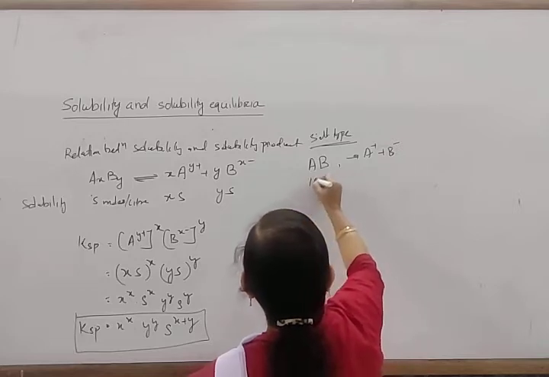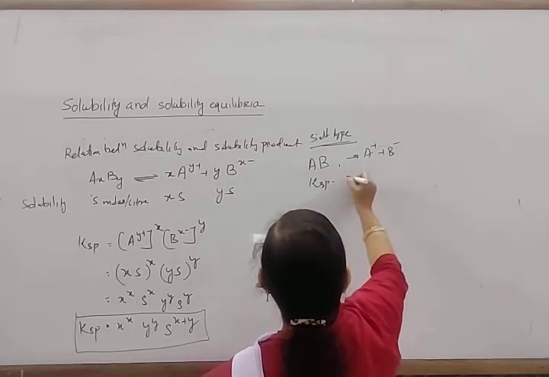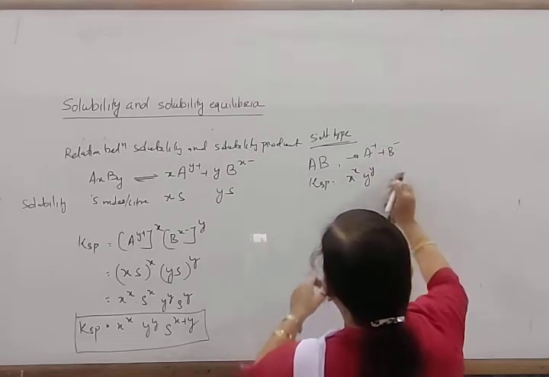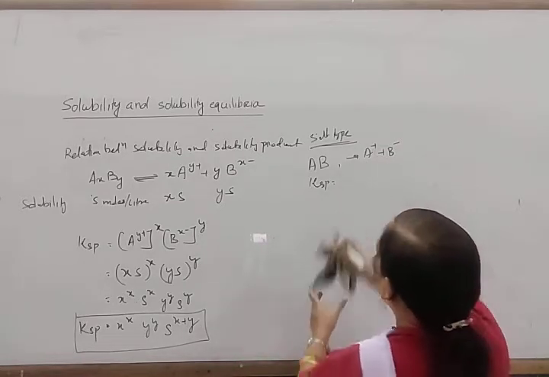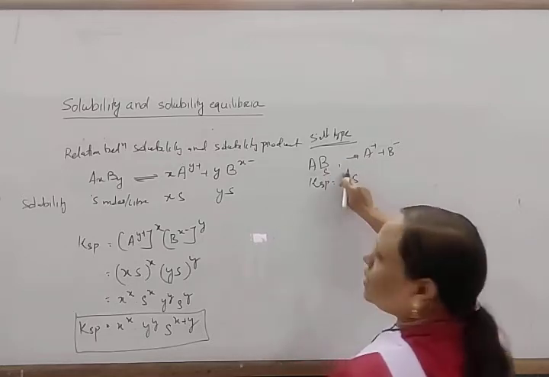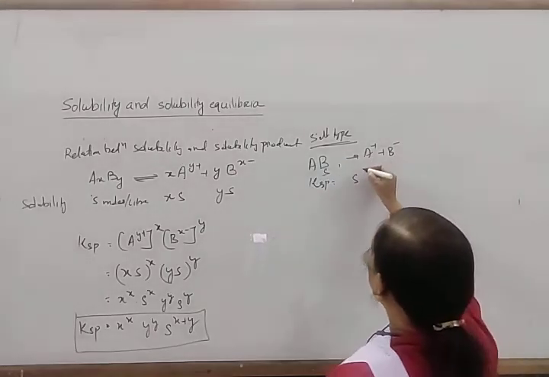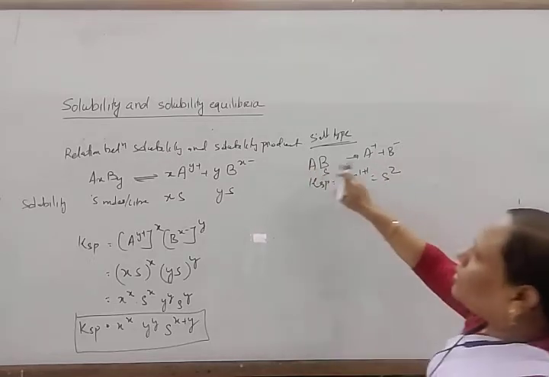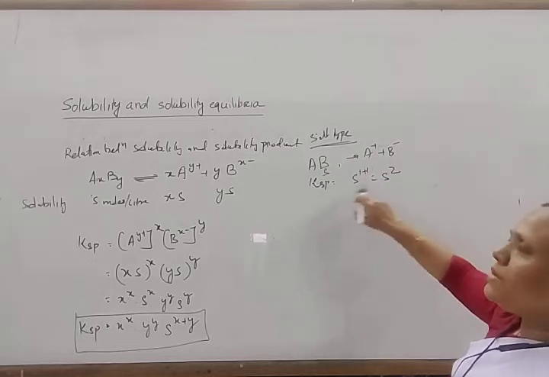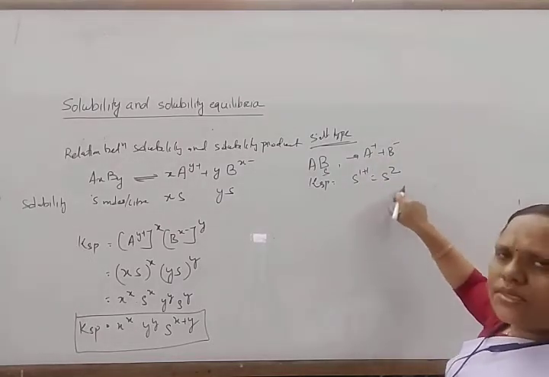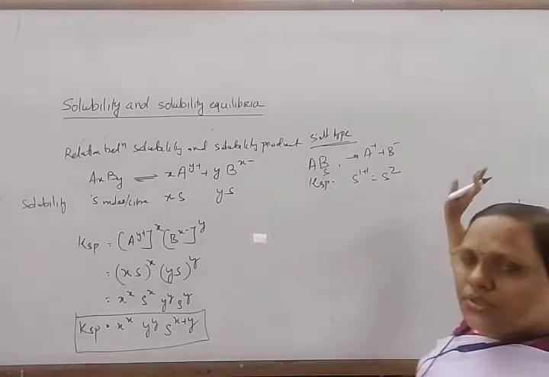So its Ksp value is x^x y^y S^(x+y), that is 1^1 1^1 into S^(1+1), that is S squared. If the salt is of type AB, then its solubility product is equal to S squared.